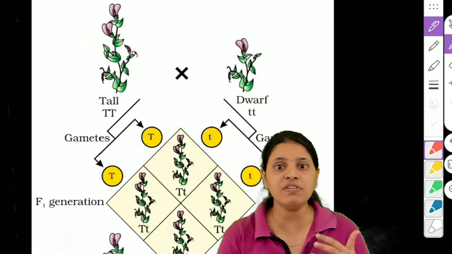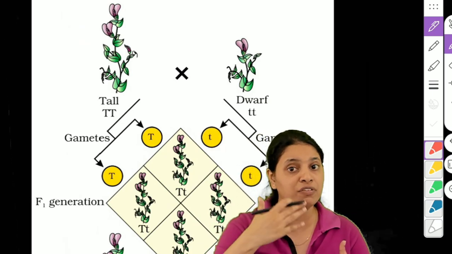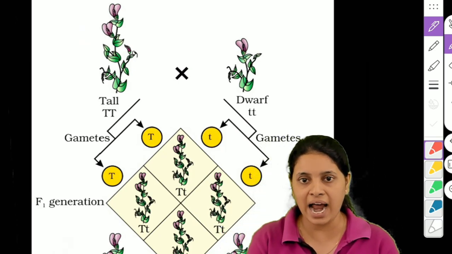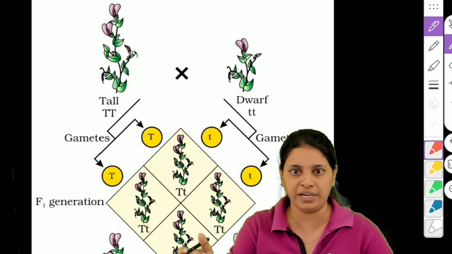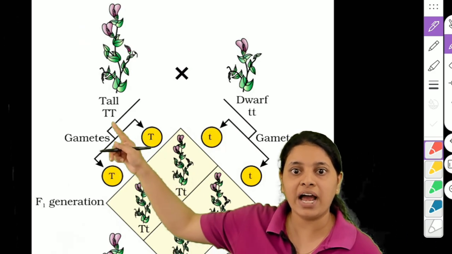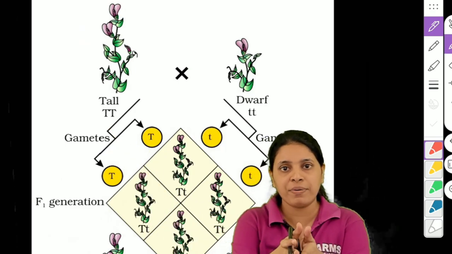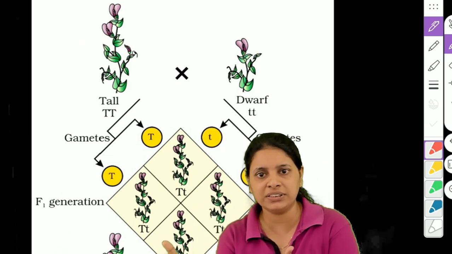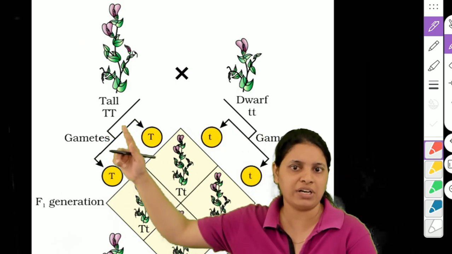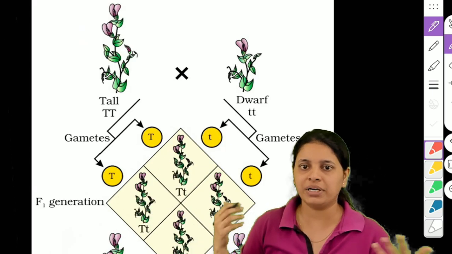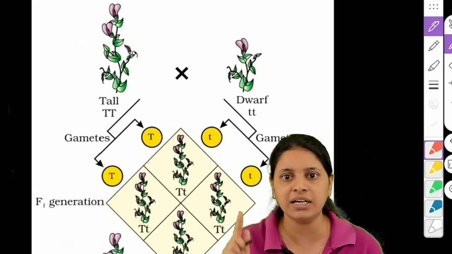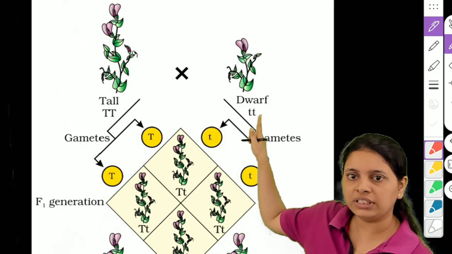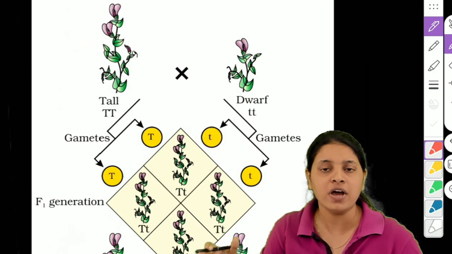Now, when the plant produces gametes, obviously in between we will have meiosis, right? Meiotic division, and the genes, the factors, will separate. In this case we have capital T. If we separate capital T, then 50% of gametes will have the first capital T, and the remaining 50% will have the second capital T. So it is mentioned twice, but technically we have only one type of gamete containing capital T. In the dwarf plant also both small t will separate because of meiosis.